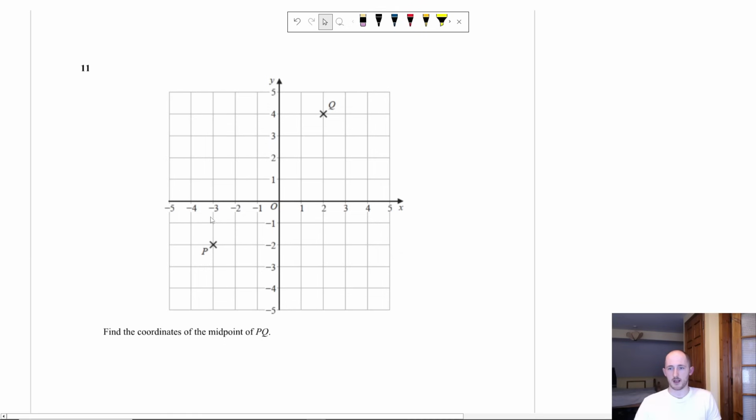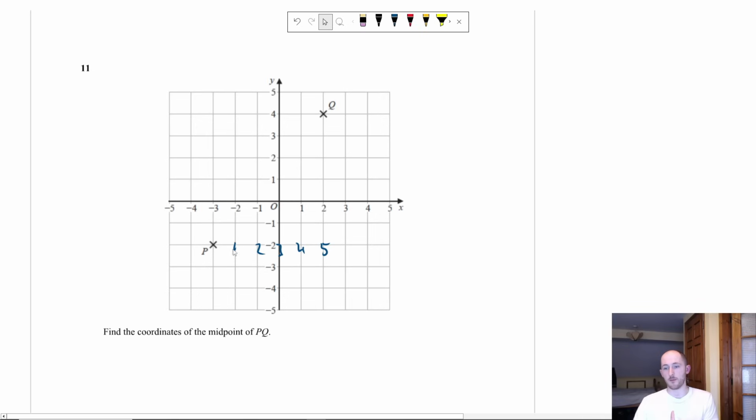Shocking, right? So if I look at the horizontal bit, the difference in the horizontal, how many squares are there horizontally between P and Q? Well, there's 1, 2, 3, 4, 5. There are 5 squares between P and Q horizontally.